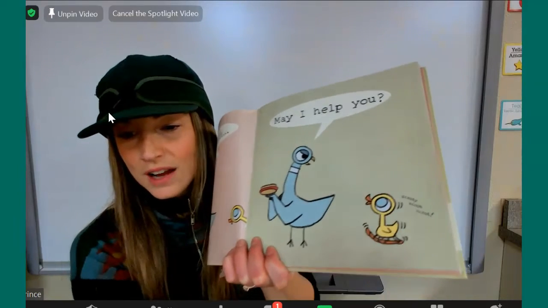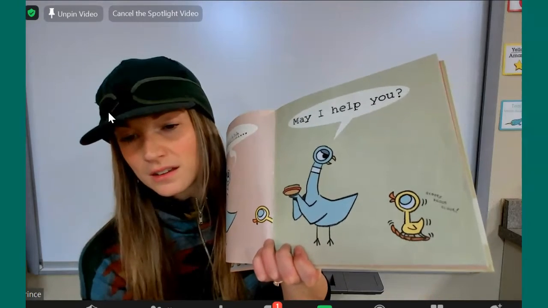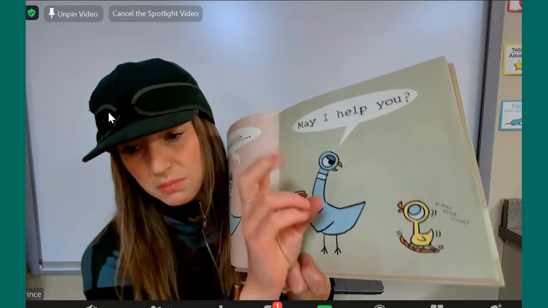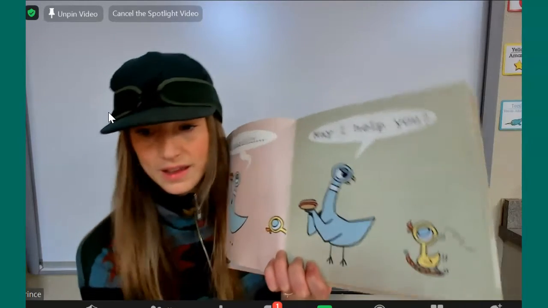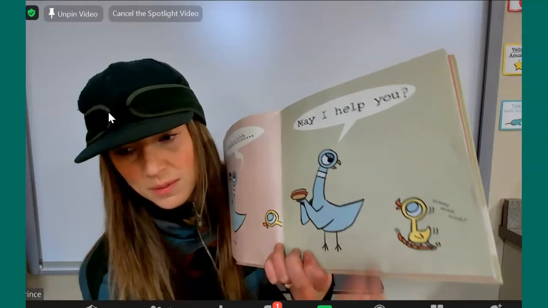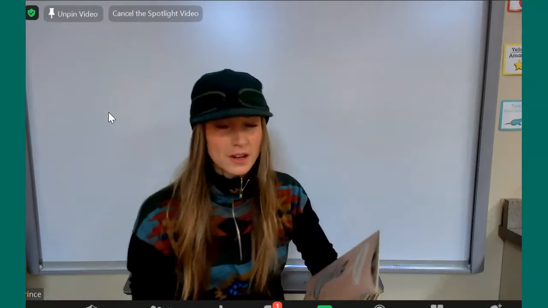Yeah. Those are actually added in the book to make it look like the duckling's moving. So these ones aren't quotation marks. They're actually there to make it look like he's wiggling, like he's moving. So they wrote scooty scoot scoot like he's moving in the book. Yeah, but that was a really good observation.